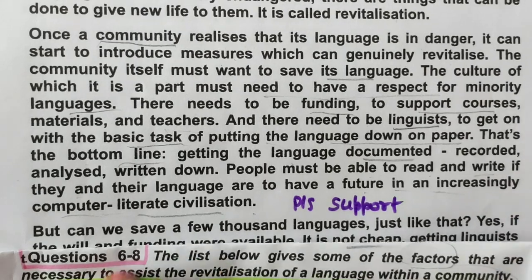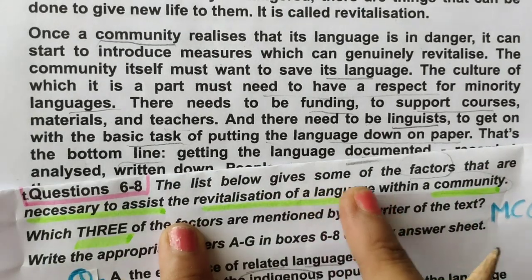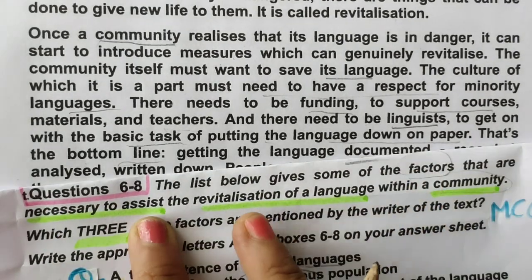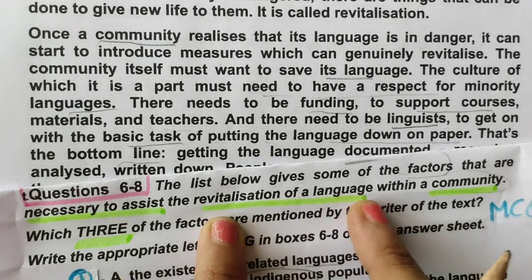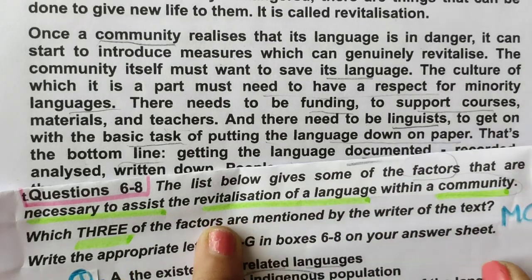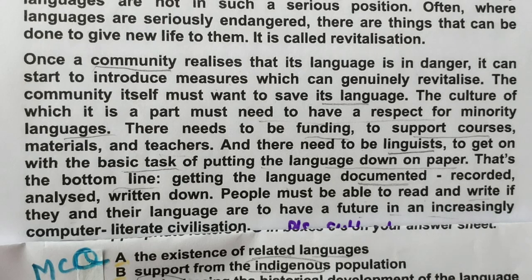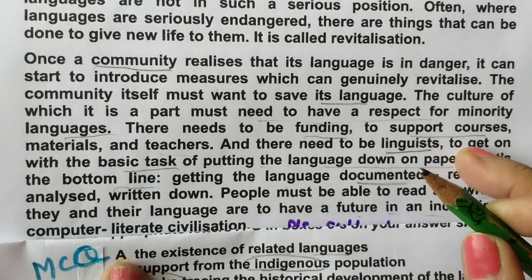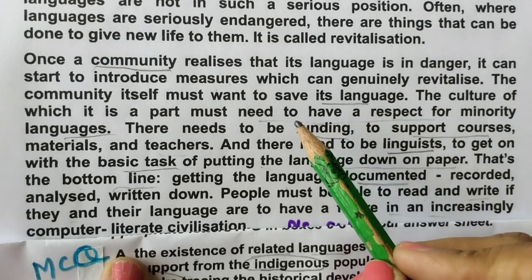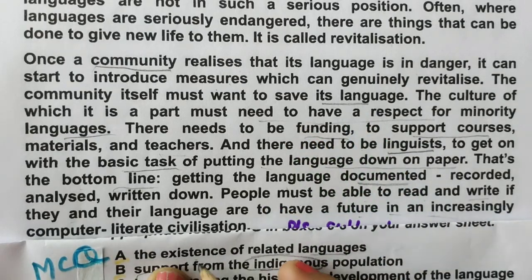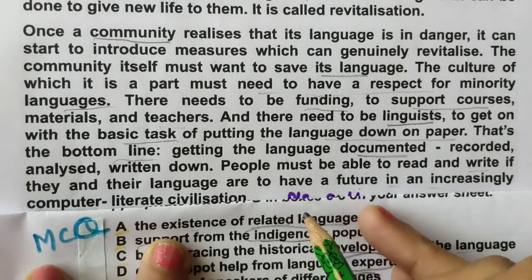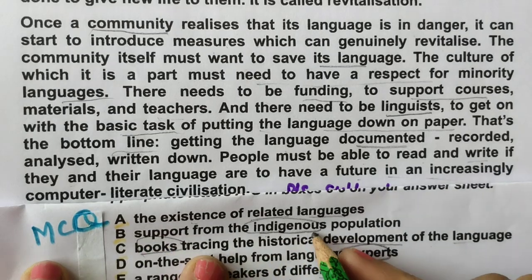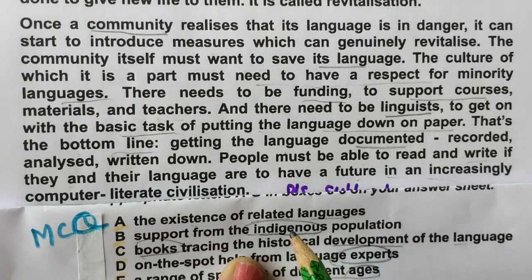I will show you all the options. Okay, so we are looking for some of the factors that are necessary to assist the revitalization of the language within a community. That is the main important thing we need to find. So here, existence of related languages: nothing is given about existing languages. Support from indigenous population, that is important.